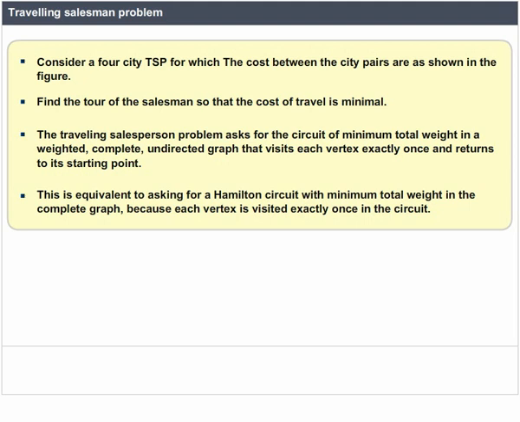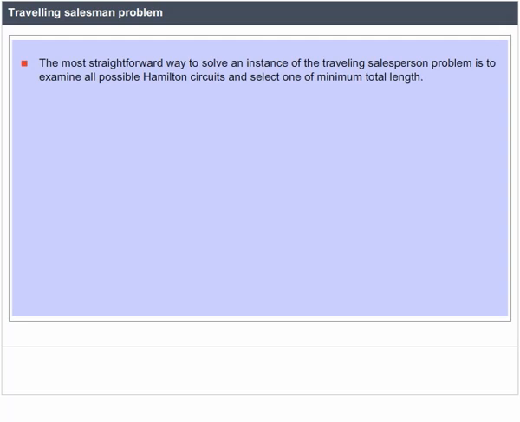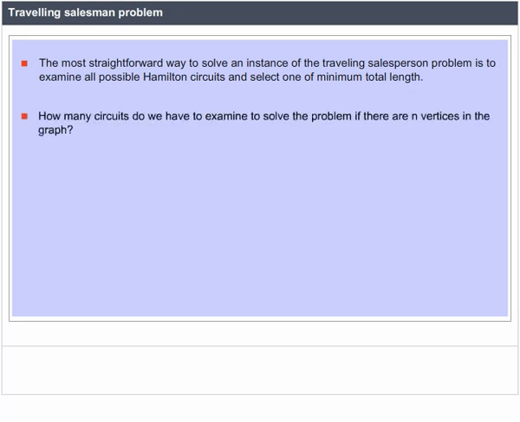The most straightforward way to solve an instance of the traveling salesperson problem is to examine all possible Hamilton circuits and select one of minimum total length. How many circuits do we have to examine to solve the problem if there are n vertices in the graph?